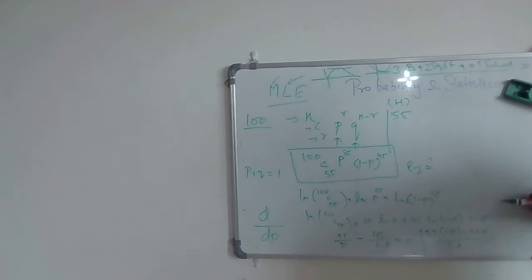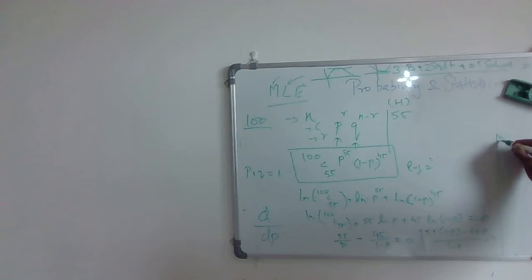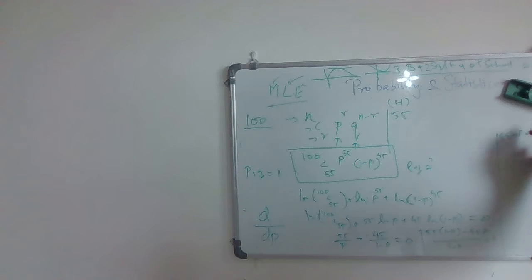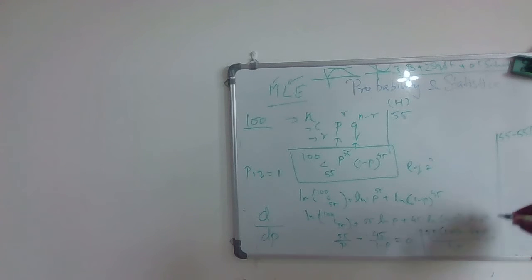Okay, now we are here, just two steps. 55 minus p minus 55p, sorry, 55p minus 45p equal to 0, because this goes to the other side and becomes 0.